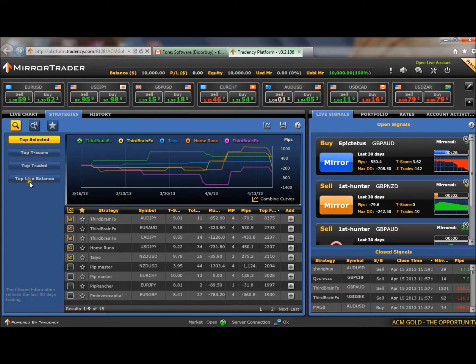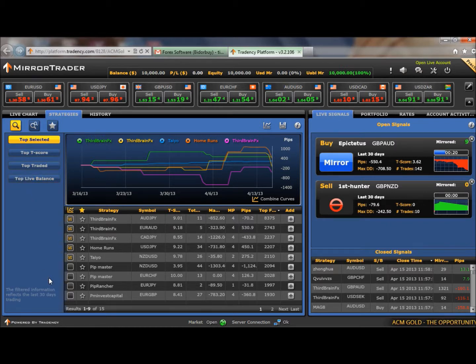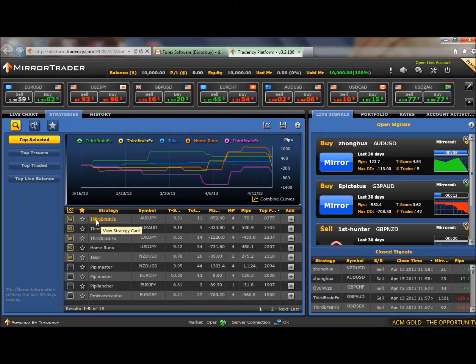This is the best filter for me to use, or the best indication, because what this shows you is the most amount of followers. So as soon as someone makes money or is consistent, more and more people follow them, and as soon as they start losing money, people stop following them. So it's a very good indication of who are the best traders on this platform.